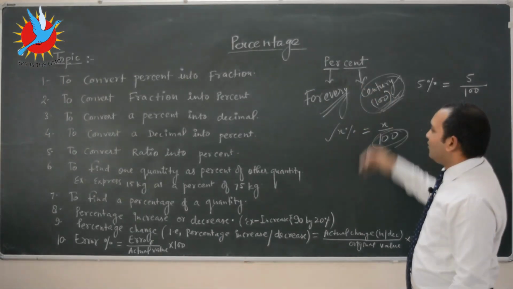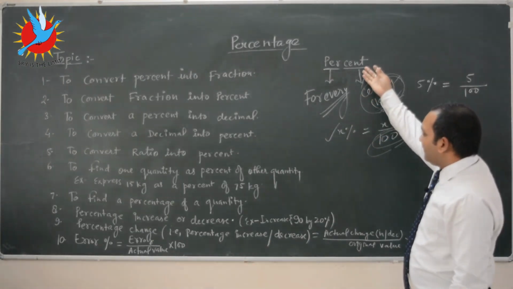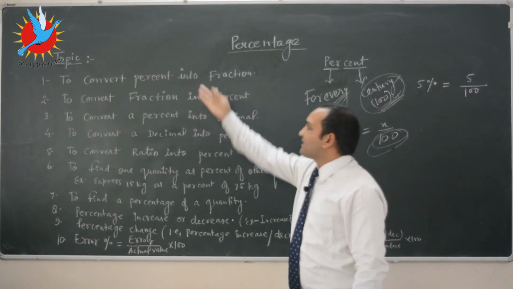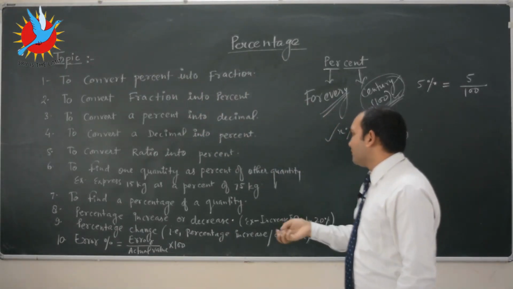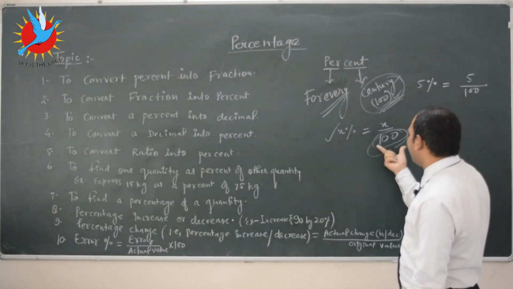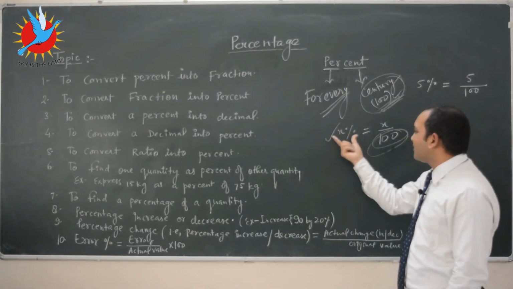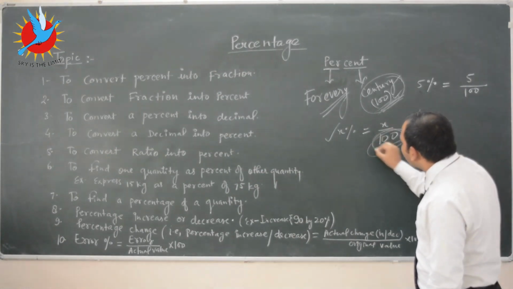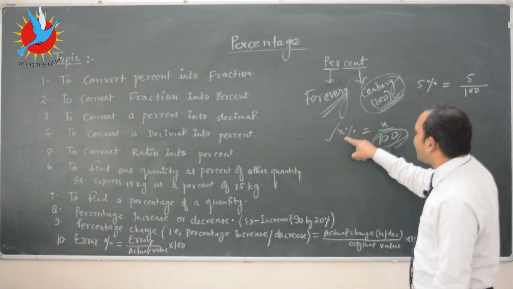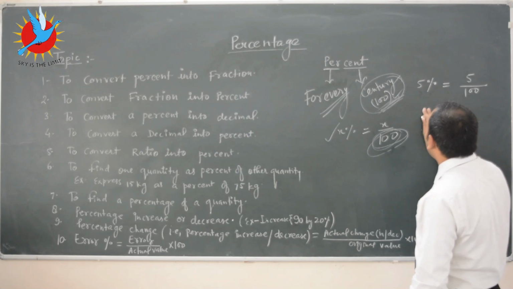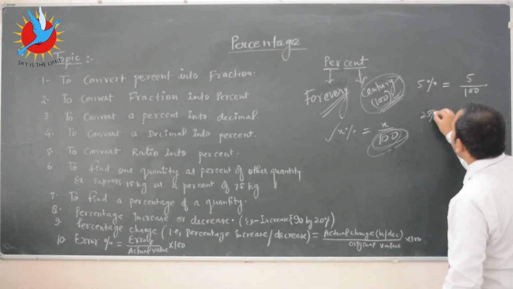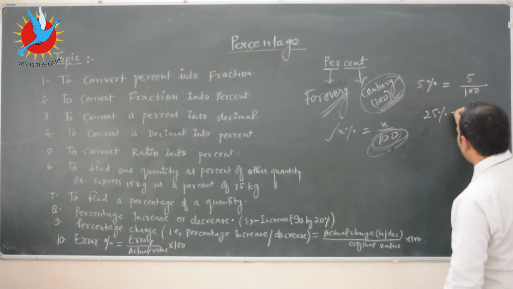So we solve these topics: how we convert the percent into the fraction. We always convert the percent into the fraction. Which type of fraction do we get when we convert percent? Consider 25%. So 25% means 25 out of 100.